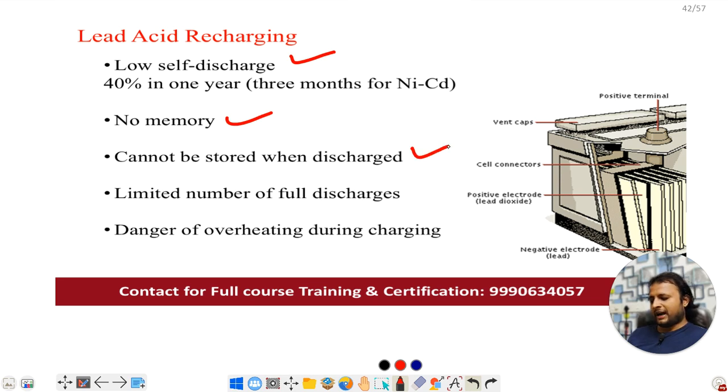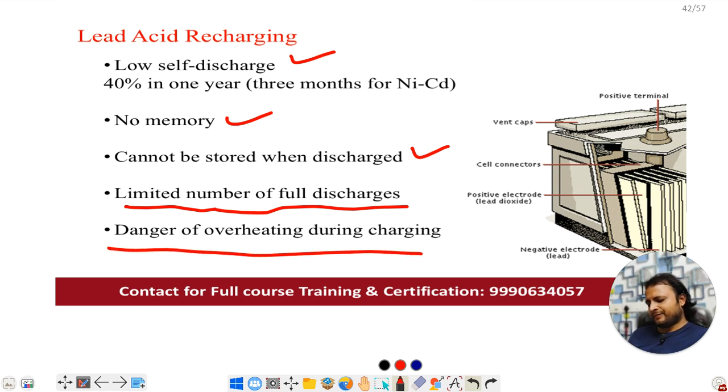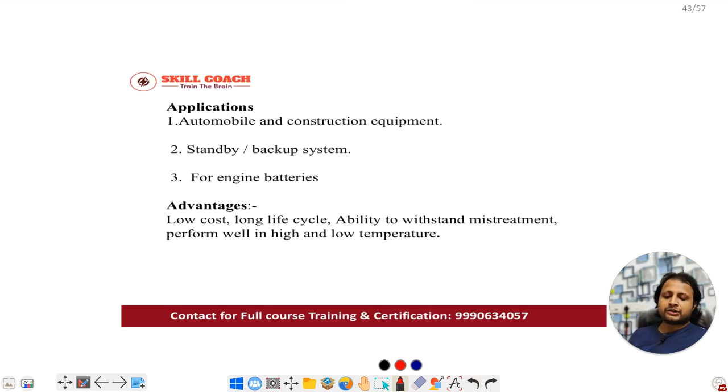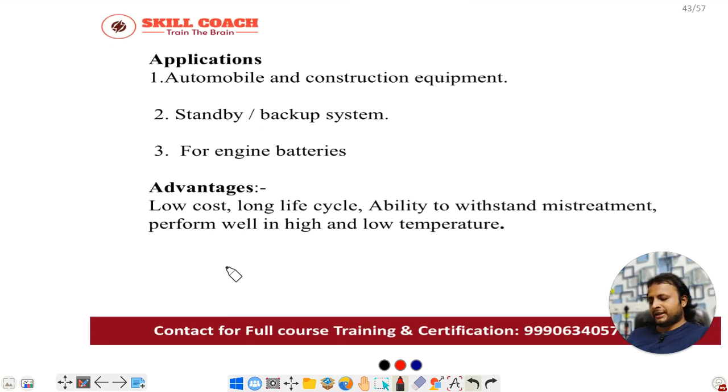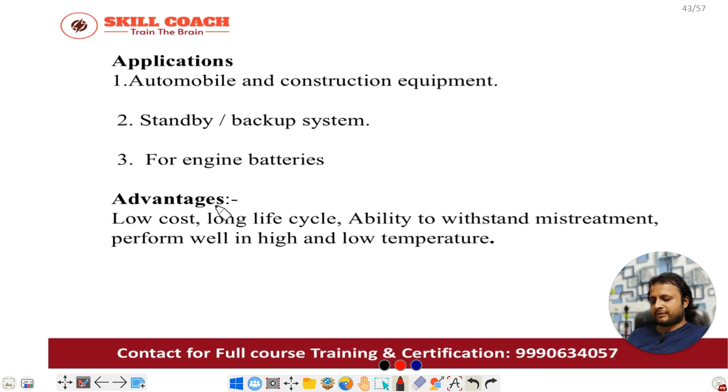And there is a limited number of full discharges. Suppose you purchase a new battery, you charge it 1 time, 2 times, 3 times, 5 times, sometimes it is 100, 200 and 500. There is a limited number of charging cycles for these batteries. We also need to understand the danger of overheating during charging, because of the chemistry, continuous cell reactions, there is a chance of overheating of this battery.